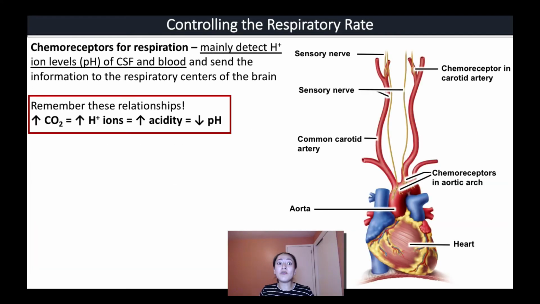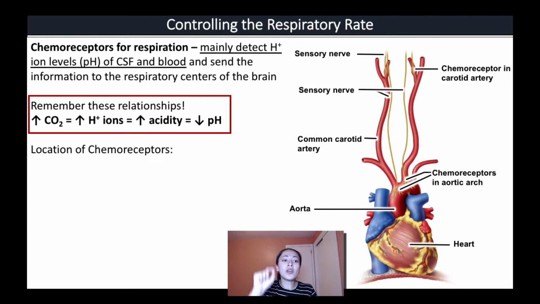You have certain chemoreceptors in your body that can detect the hydrogen ion levels in your cerebrospinal fluid or your blood, and then send that information to the respiratory centers in your brain to tell your brain whether you need to speed up or decrease your breathing rate to help modify the carbon dioxide levels in your blood.